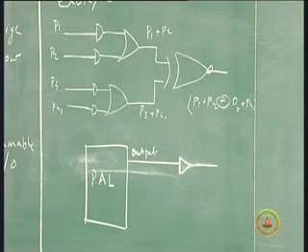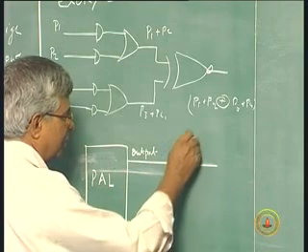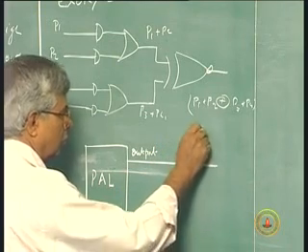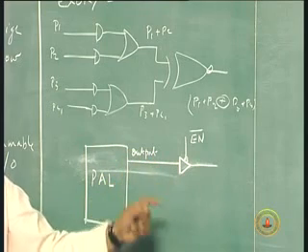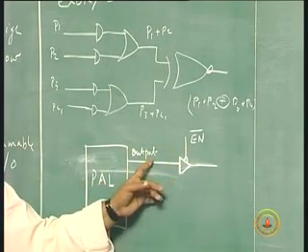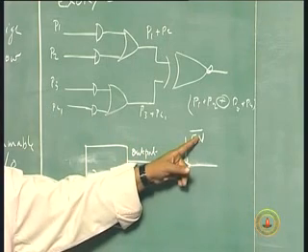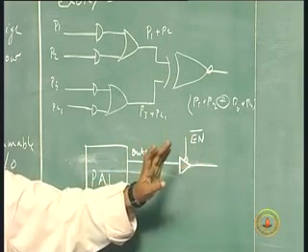You talked about the tri-stating, remember? Enabling a gate and disabling a gate, we talked about it. There's a state called high impedance state. So I'm going to put an enable here. So I can electrically disconnect this, even though it is physically present. When enable is 0, the output goes through as an output.